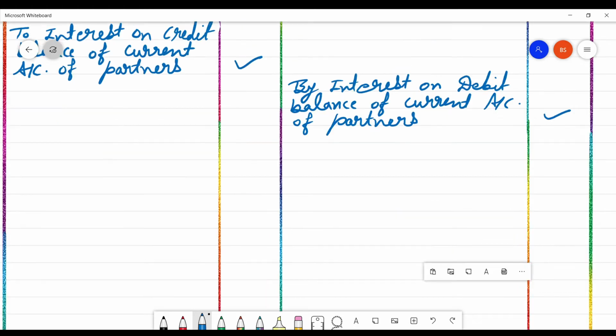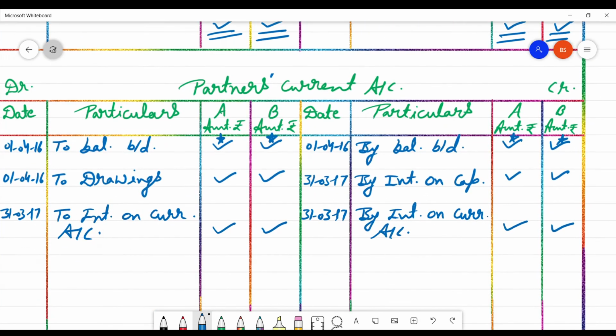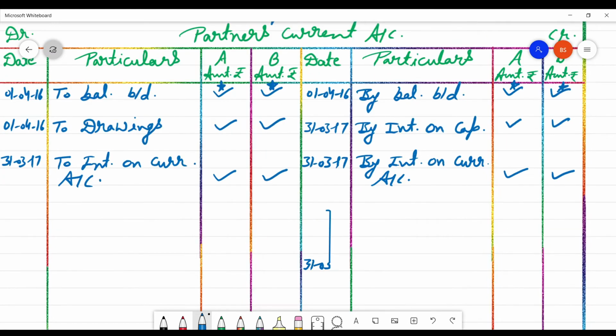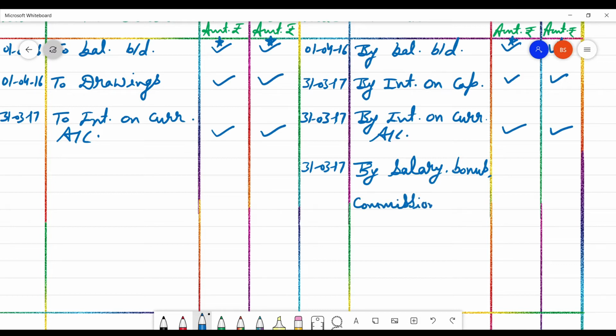If salary, bonus, commission or remuneration is given, it will be recorded in the current account's credit side on the financial year's last date, by salary, bonus, commission or remuneration.